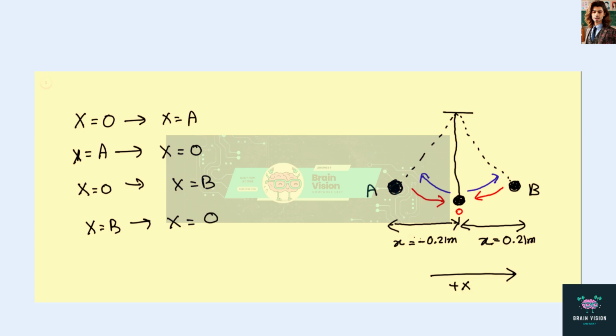And since the distance is equal, we'll just take the absolute value to calculate the total distance traveled by the pendulum.